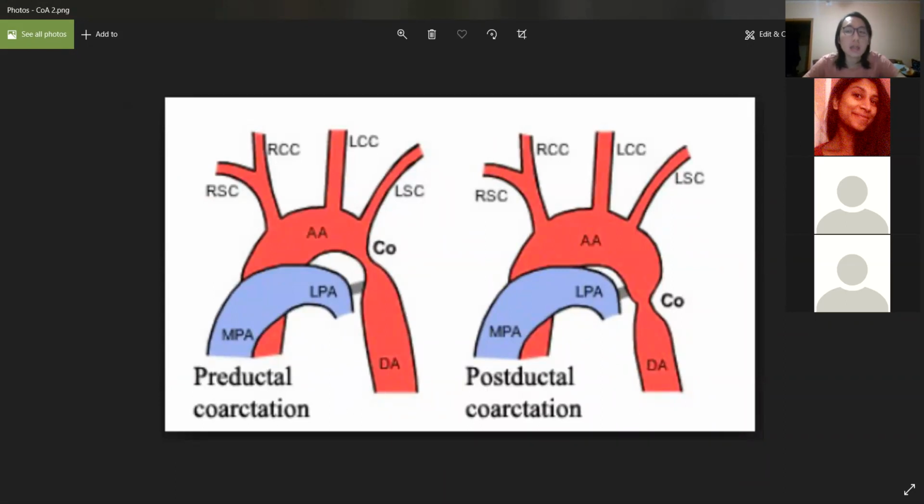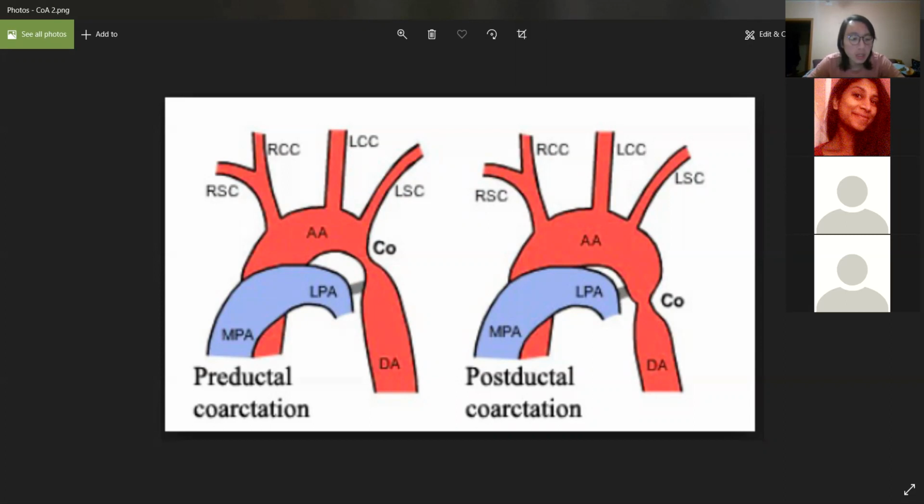Now, last week we talked about two different types of coarctation of aorta. I've read that there's another one, but generally, just keep it simple, there are two. We talked about the one that occurs mainly in adults and the one that occurs mainly in children.